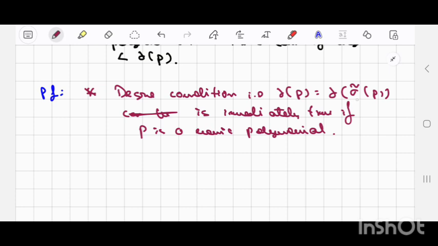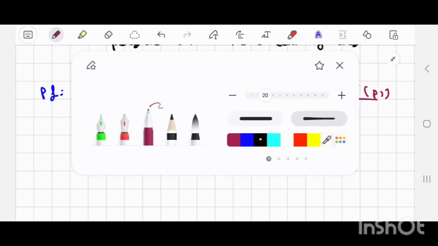Because then the leading coefficient of sigma tilde of P would be sigma of 1, that's 1, we know from the properties of ring homomorphism. So the degree must be the same. So if I start with a monic polynomial, I do not have to explicitly mention this condition, but nevertheless let's talk about the proof of the theorem now.